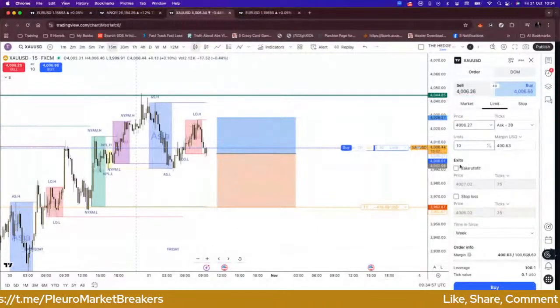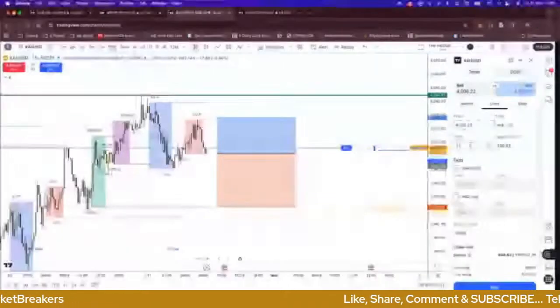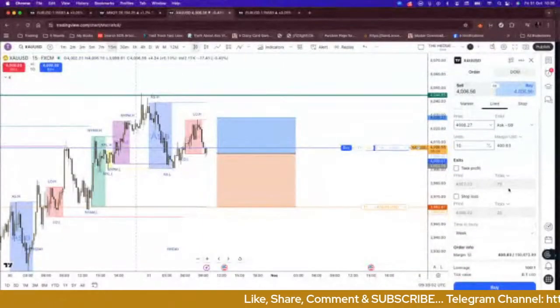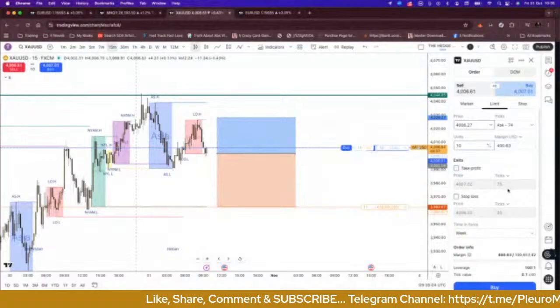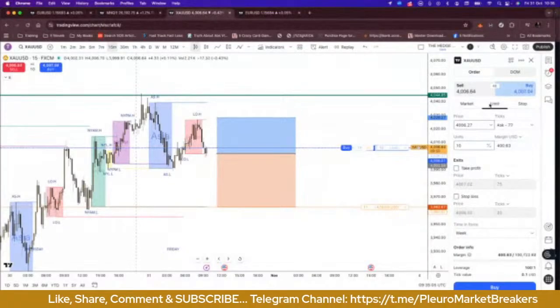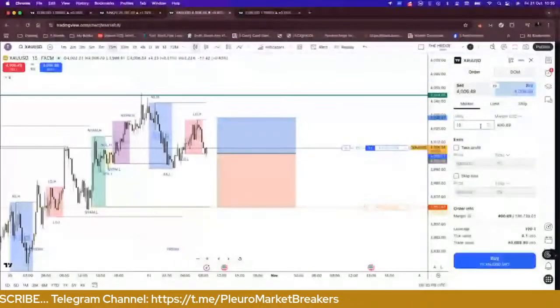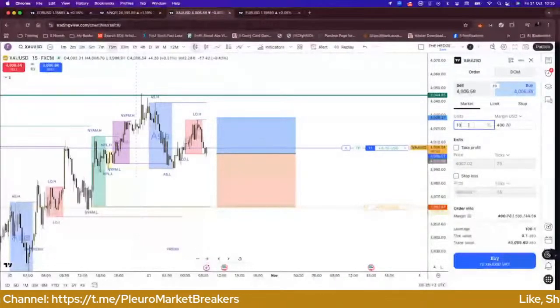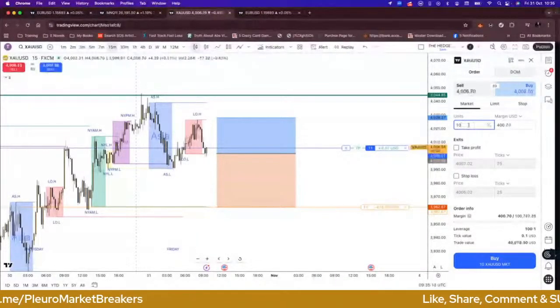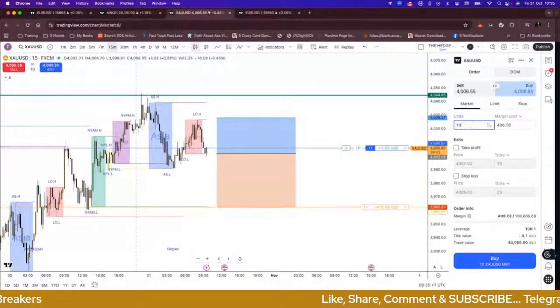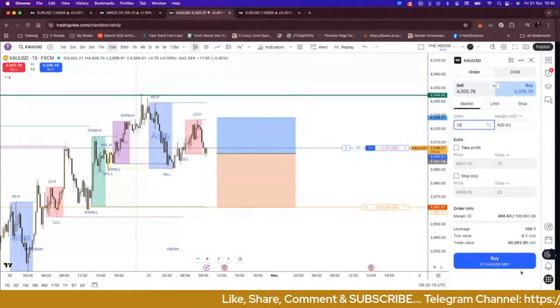Okay, so where's the risk? Where is the risk here? Market. So 10 is roughly 400. Okay. So I think I can go another 10. I can.